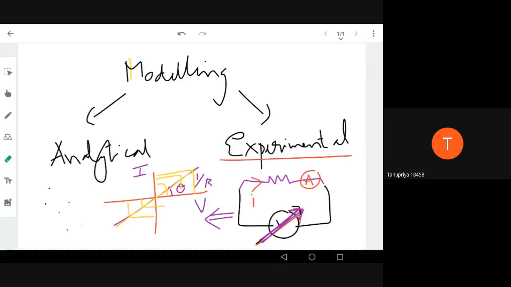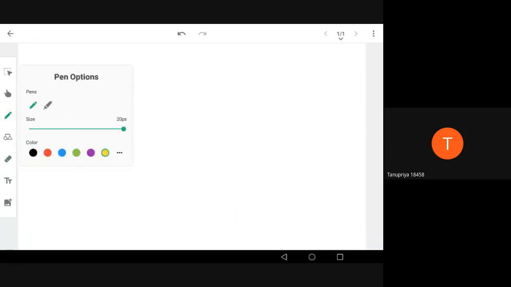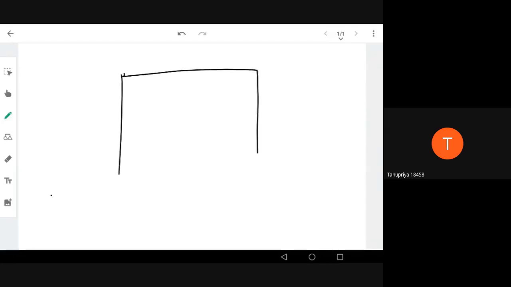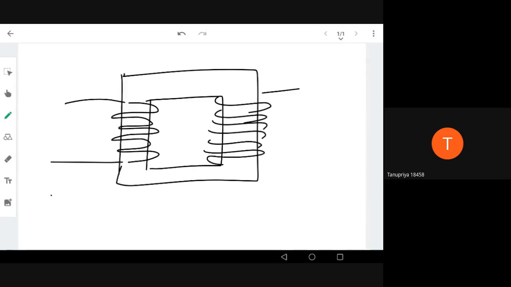For example, the example we took in the last class is the transformer. So basically how do we model a transformer? We know a transformer has an input and output, some kind of coil at the input. So this is a transformer, and there is some input voltage.